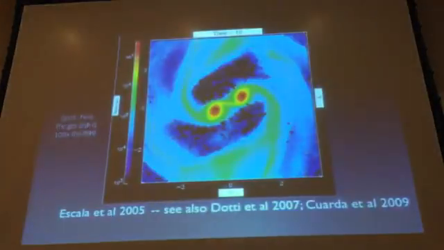So this was also done by folks who zoomed in, and these are some of the folks who did that. And if I remember right, again, equal mass black holes. This is a zoom in simulation just of the nuclear region.